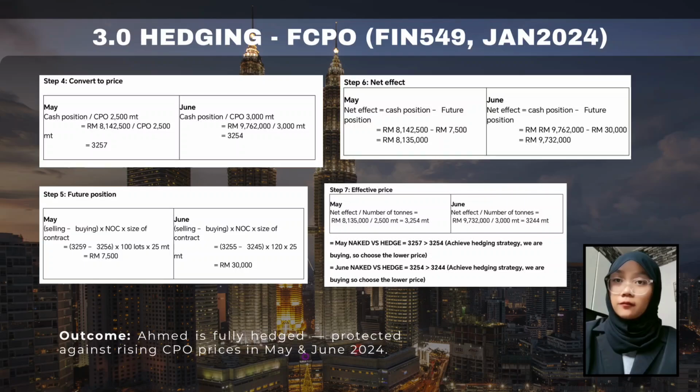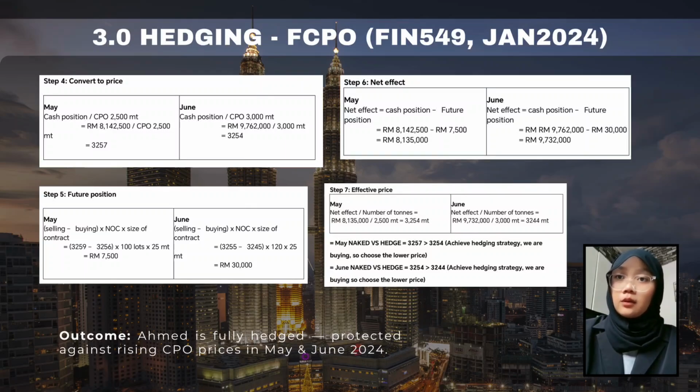Step number 5 is the futures market position. Next, let's see how much he gained from the futures contracts. For May, the price increased from 3,258 to 3,259. That's a gain of RM 3 per tonne. So 3 times 100 contracts times 25 tonnes is RM 7,500 of profit.